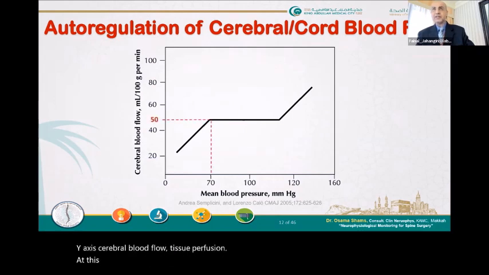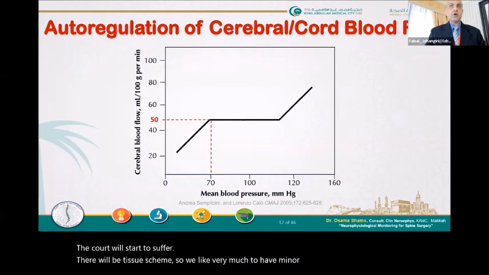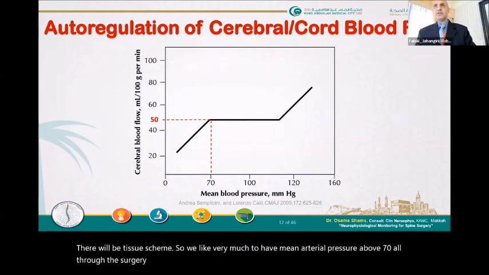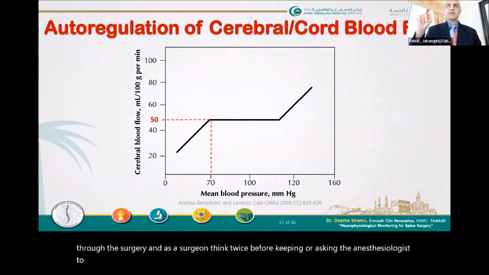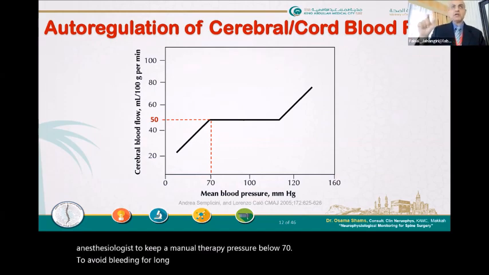At this point, the body starts to work on autoregulation and keep tissue perfusion at a stable level despite change in blood pressure. But below 70, the cord will start to suffer. There will be tissue ischemia. So we like very much to have mean arterial pressure above 70 all through the surgery. And as a surgeon, think twice before asking the anesthesiologist to keep mean arterial pressure below 70 to avoid bleeding for long times. Try to keep it only to the very necessary duration.